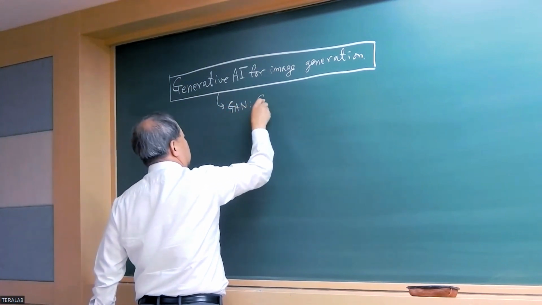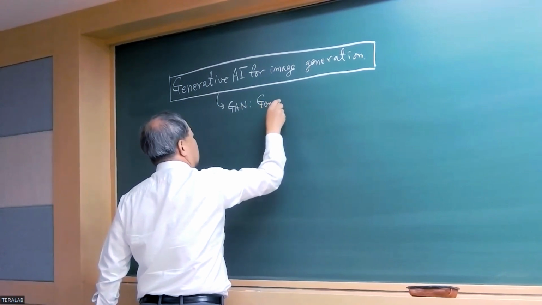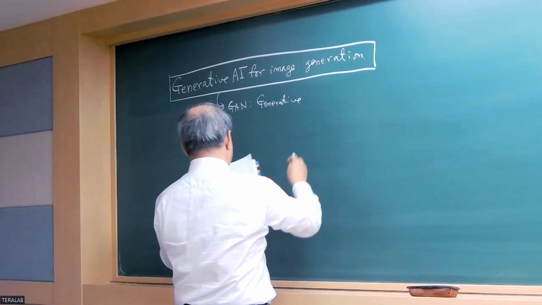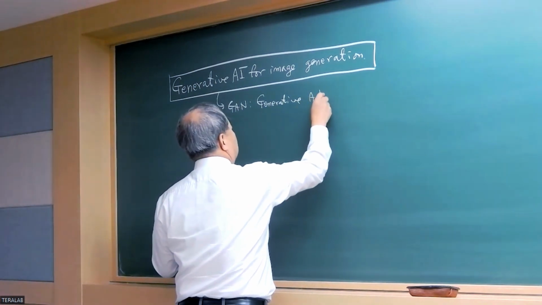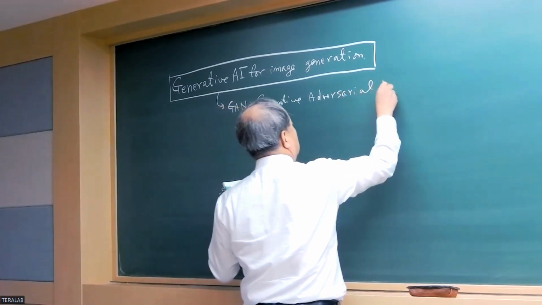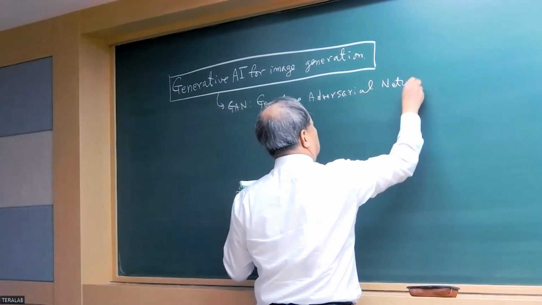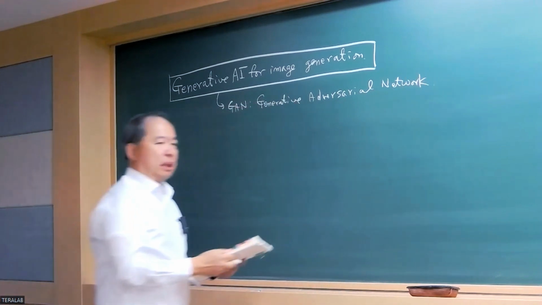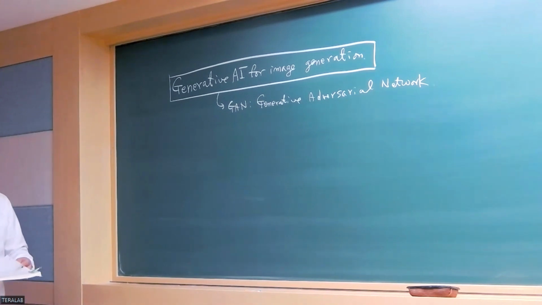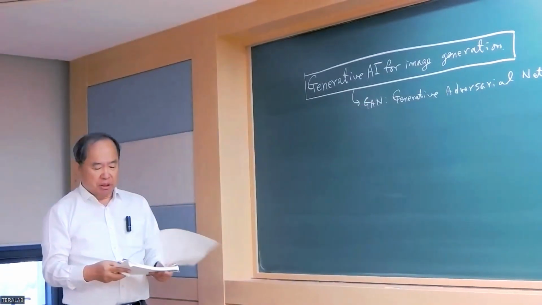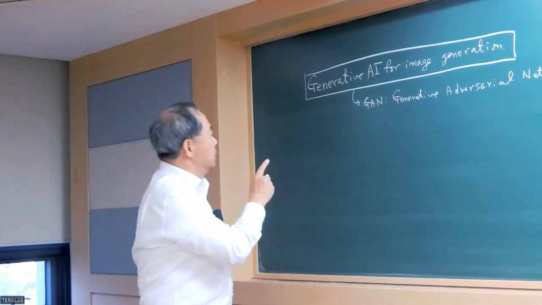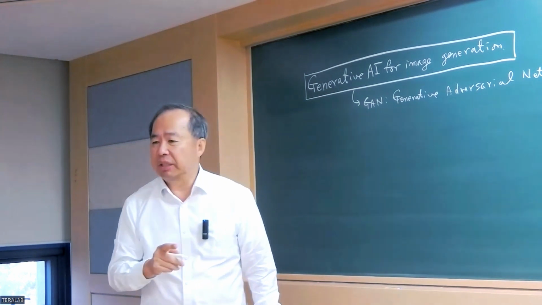It represents generative adversarial network. There are numerous different types of generative AI when we are generating images. And today I'm going to focus on generative adversarial network.